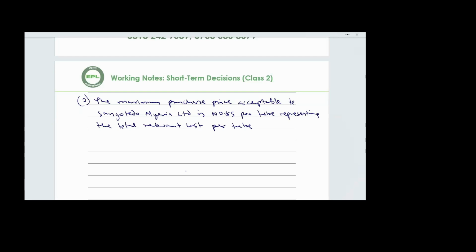Okay, as shown in the calculation below. As shown in the calculation below.